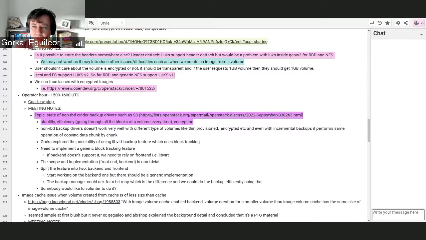And maybe we can also talk about the encryption one you mentioned, which is also interesting and definitely should be somewhat easier to do, because it can be implemented in a chunked backup driver, right? Just like we currently support compress or not compress, we should be able to add encryption, right?